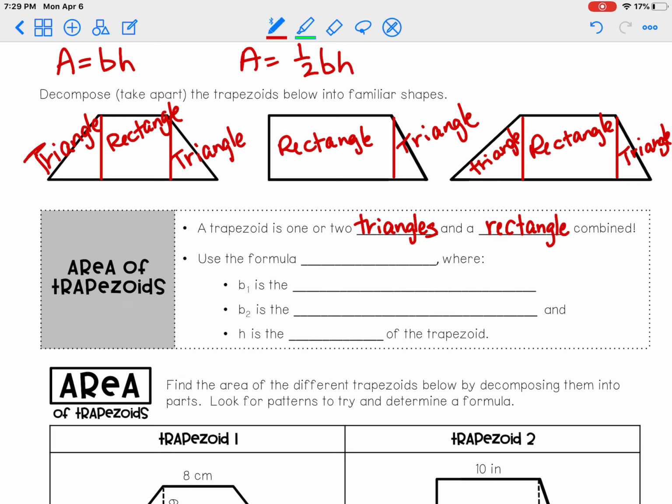The formula for the area of a trapezoid is this: 1/2 parentheses base 1, that's not b to the first power, that's base 1, plus base 2, which again, that's not b to the second power, it's base 2, times h. Those parentheses indicate multiplication.